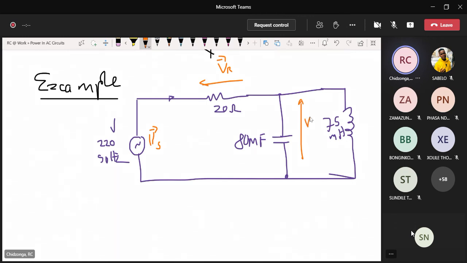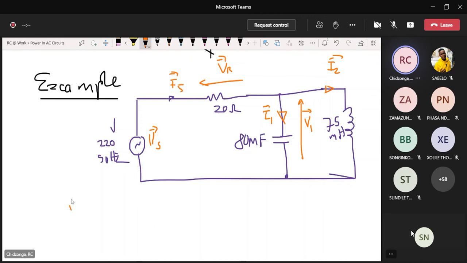And let's say that voltage is V1. And there's going to be a current here. Let's call this one I1. And there's going to be another current there, let's call this one I2. This current here, I'll call it IS, meaning the source current.